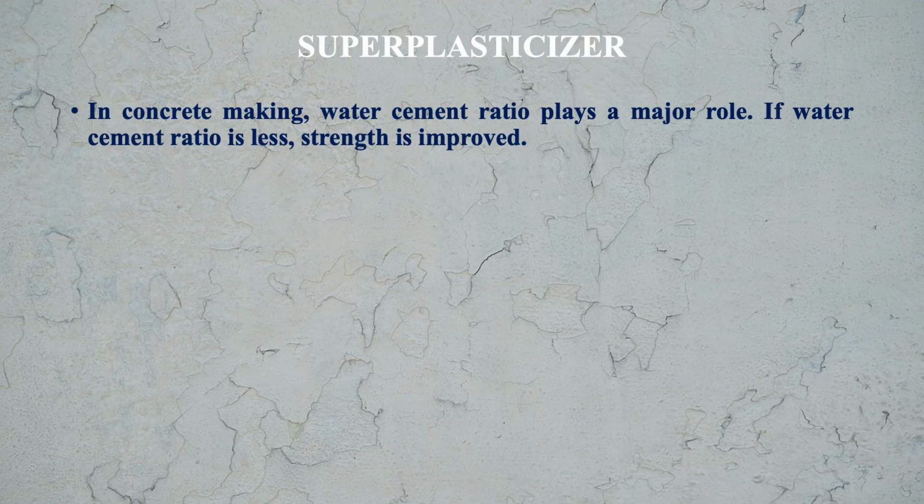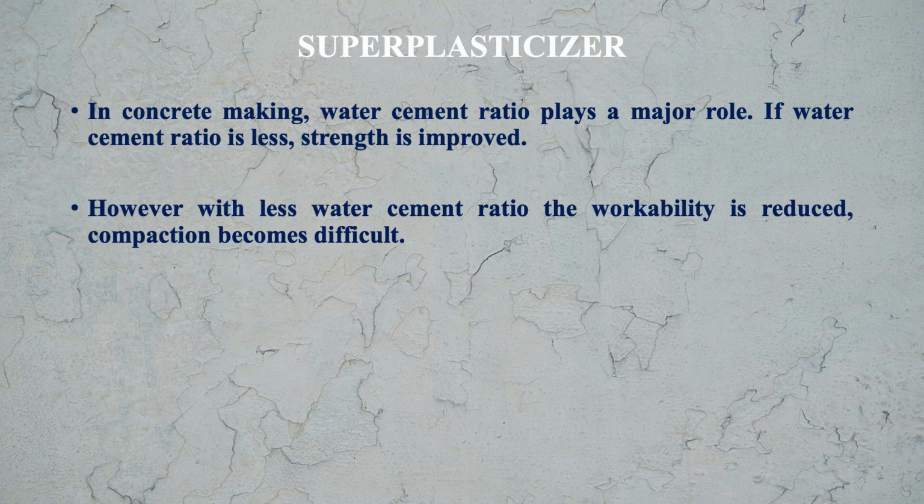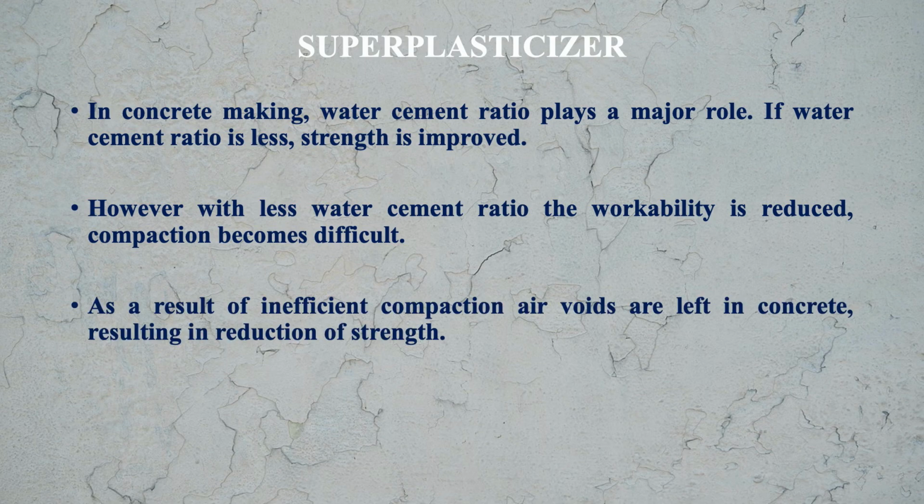In concrete making, water cement ratio plays a major role, you know. If water cement ratio is less, strength is improved. This fact also you know. However, with less water cement ratio, the workability is reduced. Compaction becomes difficult in such situations. As a result of inefficient compaction, air voids are left in the concrete, which will result in reduction of the strength.